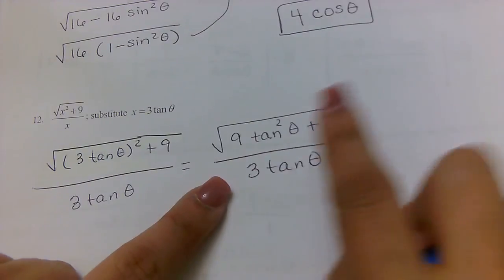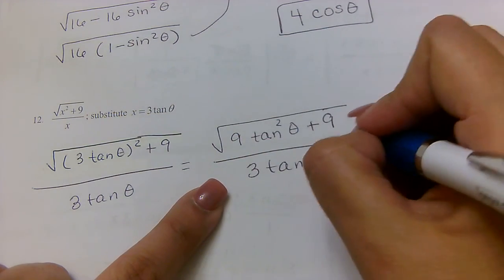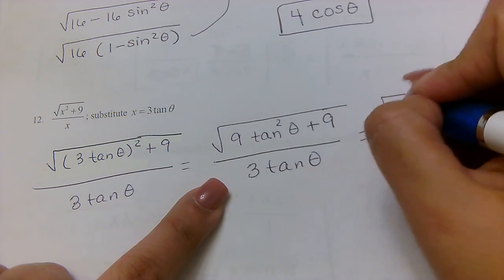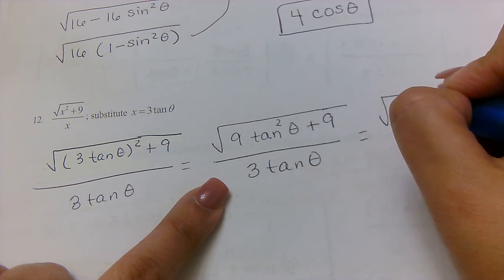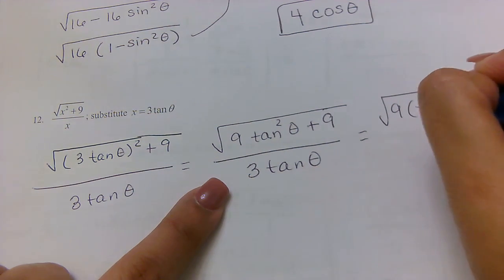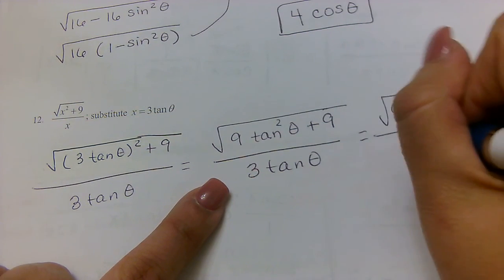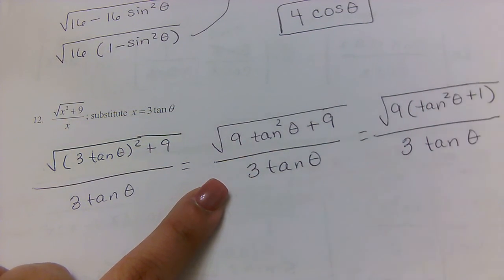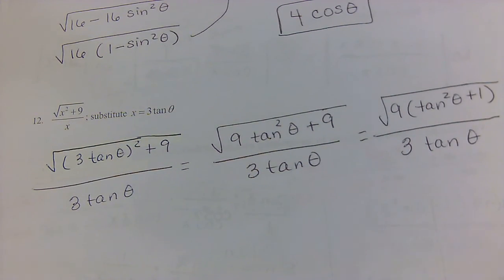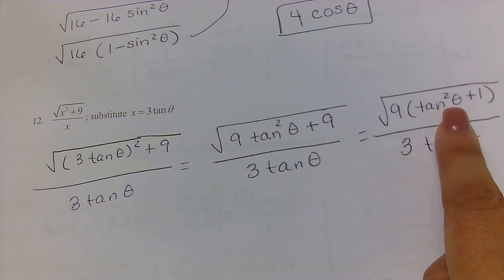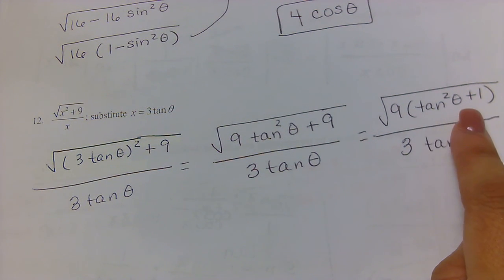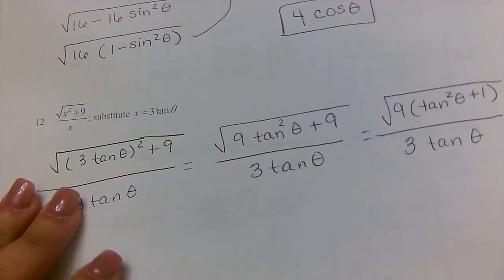Factor out a 9. You get tangent squared theta plus 1 over 3 tangent theta.